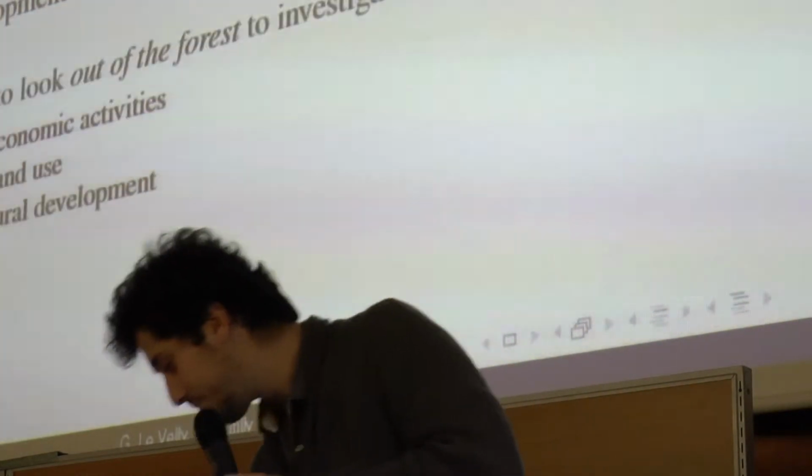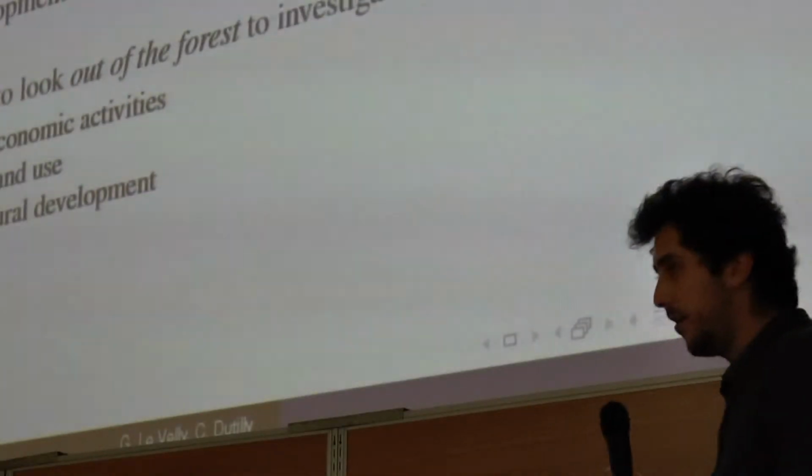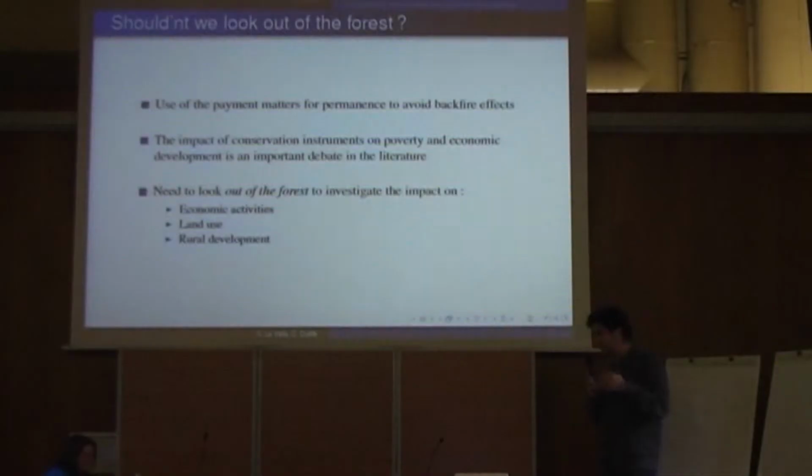Now we get to another issue, and maybe something we haven't looked at in the literature so far: changing our outcome variable, and trying to look at other things than deforestation and additionality.